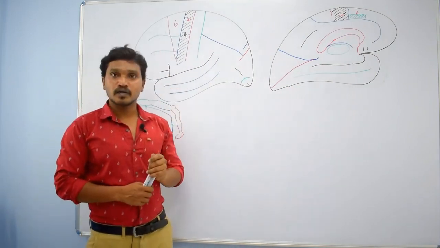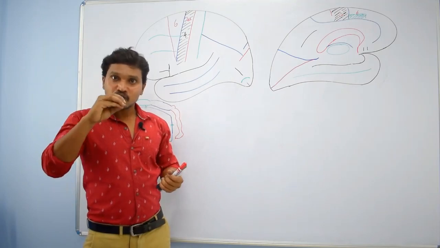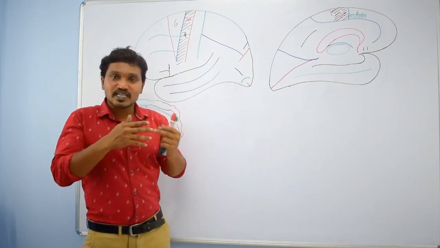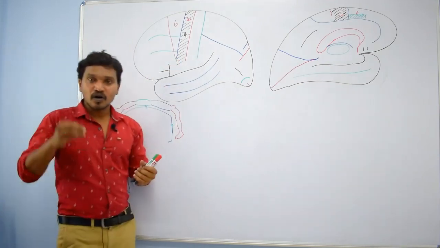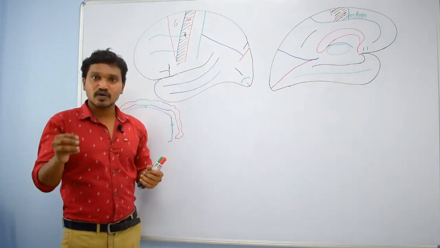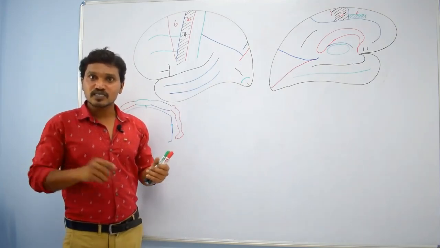Then within that area there will be overlapping of sensory and motor, like here also motor and sensory is there. That's what MS1. How did they find this?